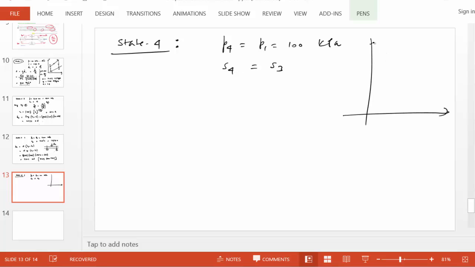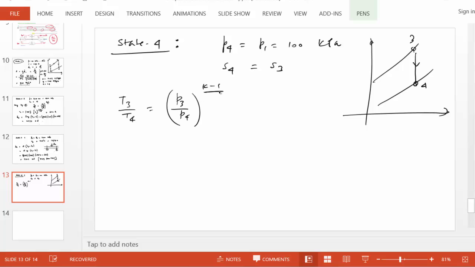So this is our turbine from 3 to 4, an isentropic turbine. We know all about state 3 and we need to find T4. Again, using our isentropic relationship, we can write T3 over T4 equals P3 over P4 to the (k minus 1) over k.